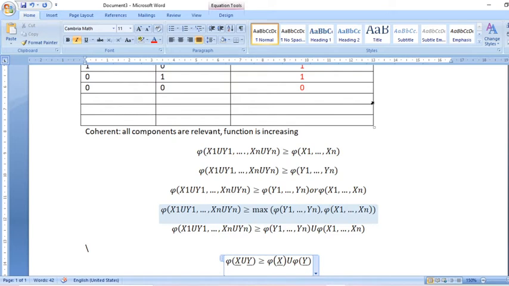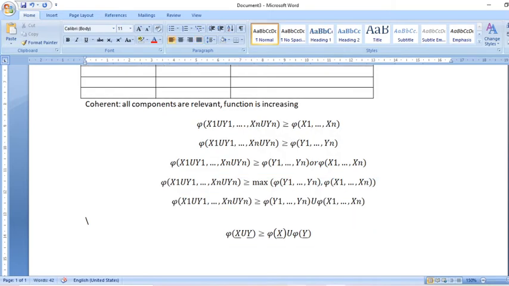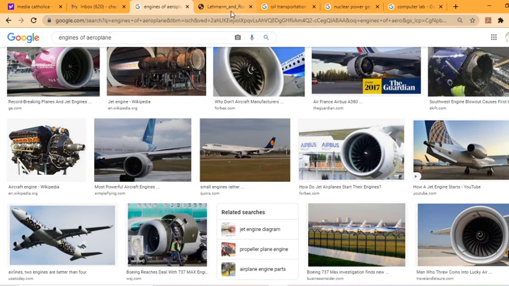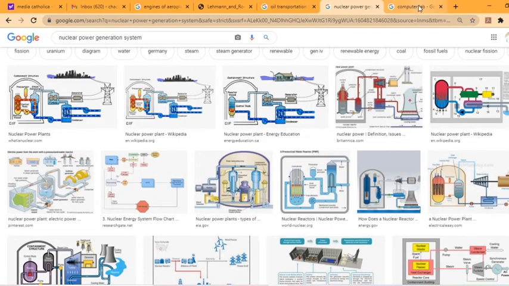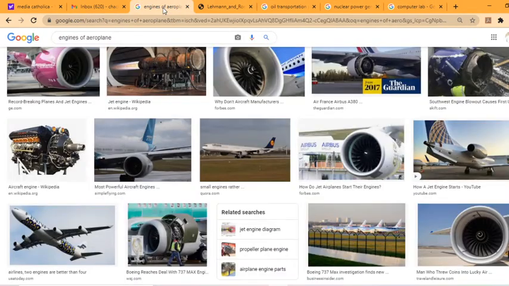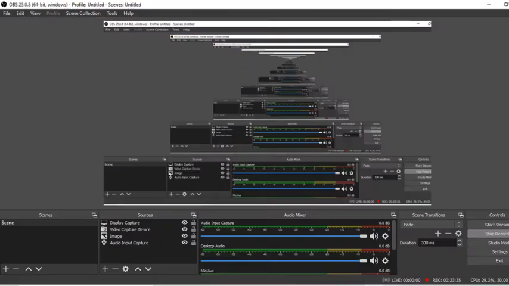So component-wise redundancy is better than system-wise redundancy. That principle is applied in reliability control, transportation, nuclear power systems, computer labs, engines, etc. Everywhere you can see this concept.